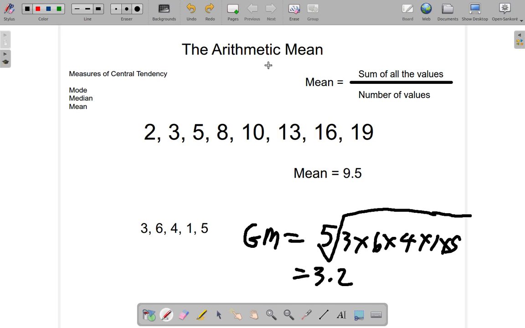But there's more than one type of average. The mean, median, and mode are sometimes referred to as statistical averages, right? The mean, this is not the only mean that there is. The sum of all the values over the number of values. You have another type of mean. So that's why you will see some books and websites refer to the arithmetic mean.